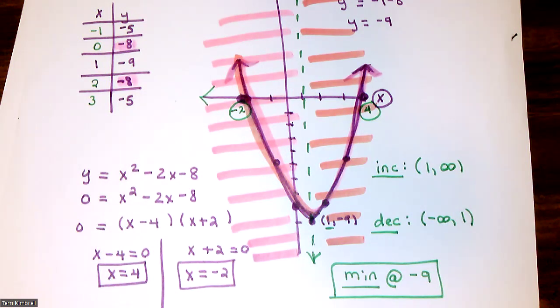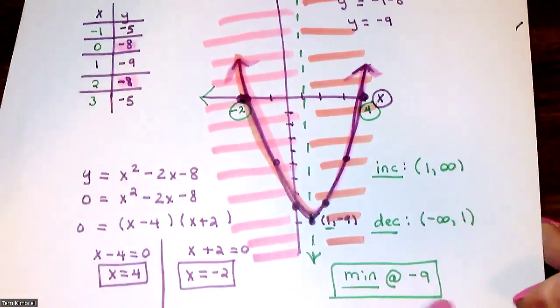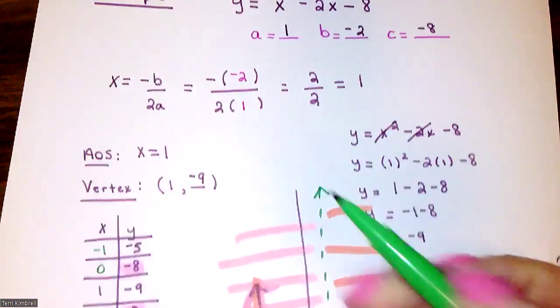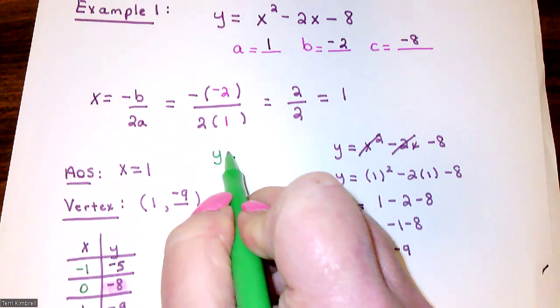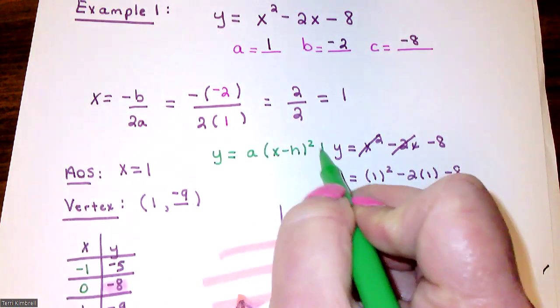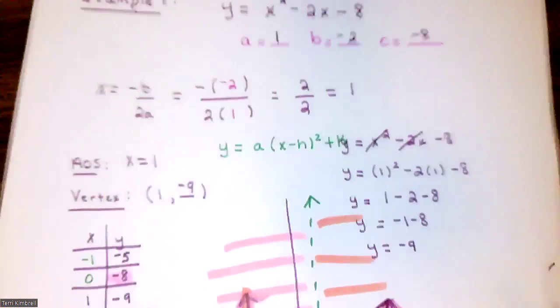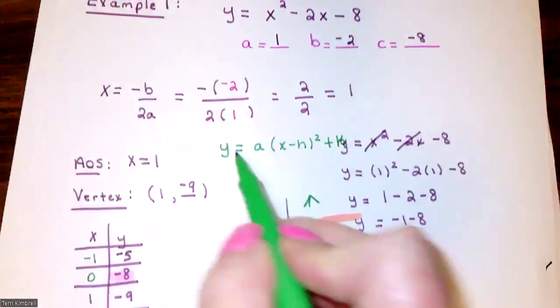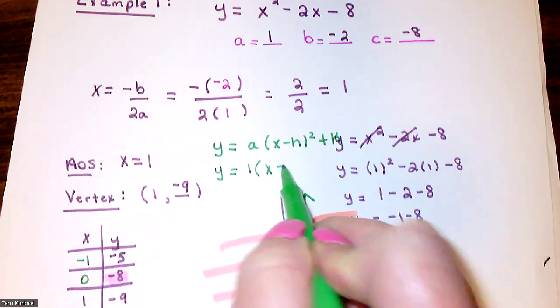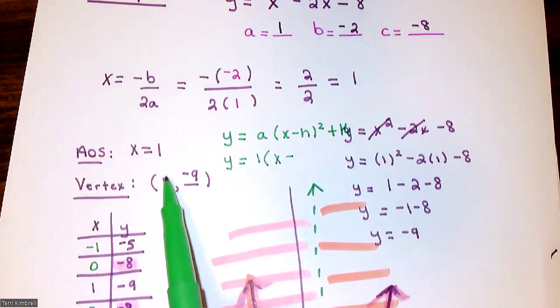Okay, now if you go back and you think about putting this into your vertex form, if I write that formula down, okay, we know that our A is 1, x minus. So this is the vertex.